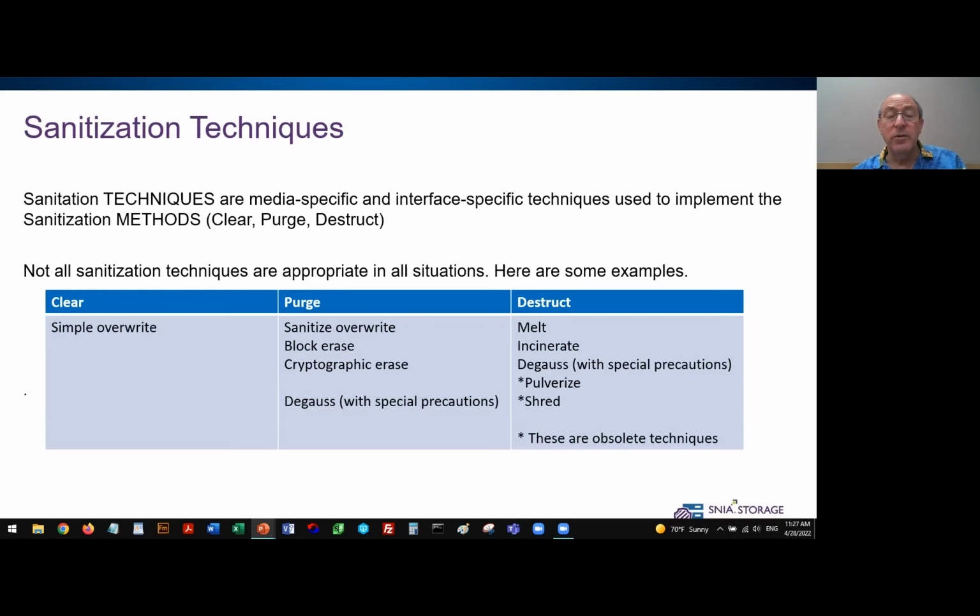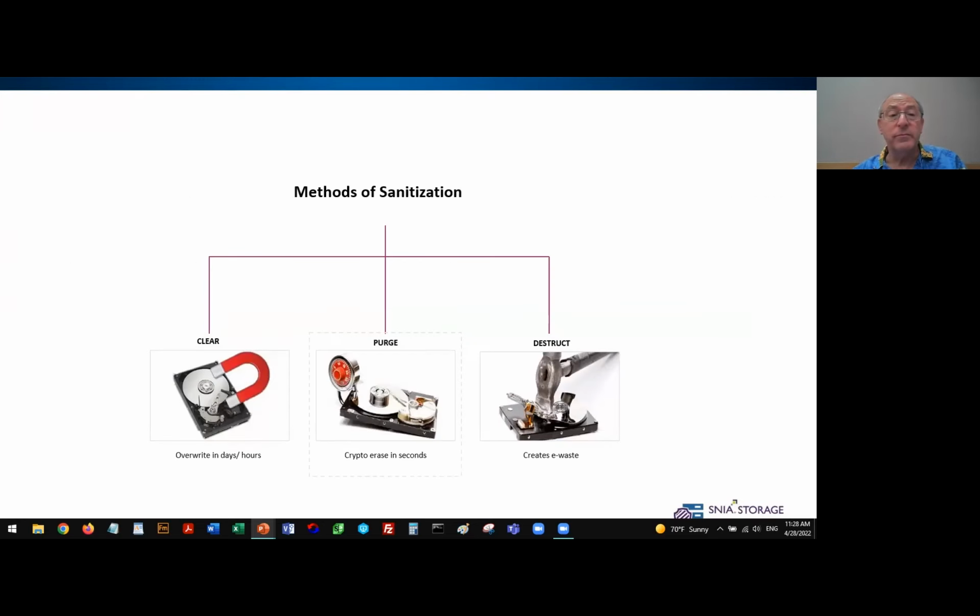Here's some examples of some sanitization techniques for clear, purge, and destruct. I mentioned that overwriting a large capacity device may take days, hours, or weeks to do.